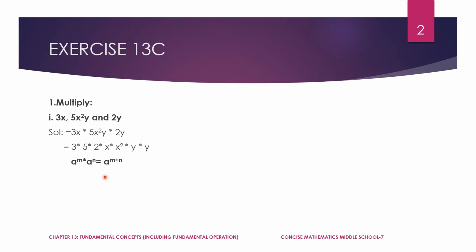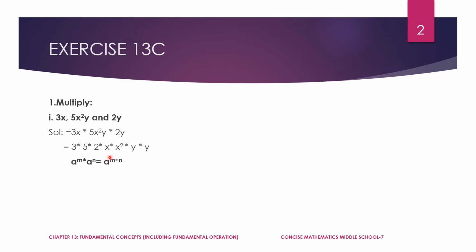It is one of the basic formulas for multiplying the algebraic expression. It means that a is called the base, m and n are the exponents. So when bases are equal, see, even here it's a, even here it's a, when bases are equal, powers can be added. That means m plus n.